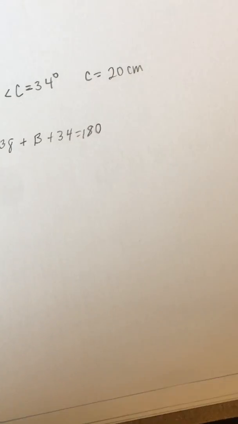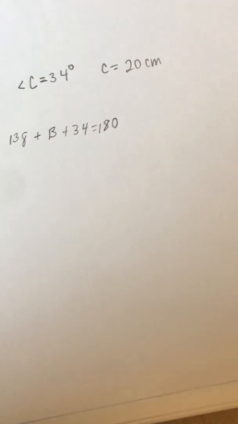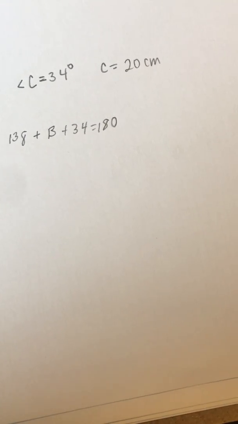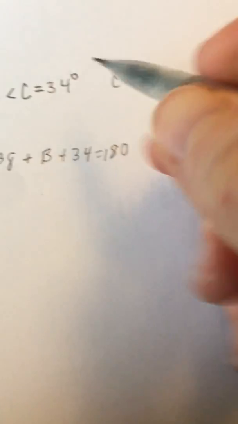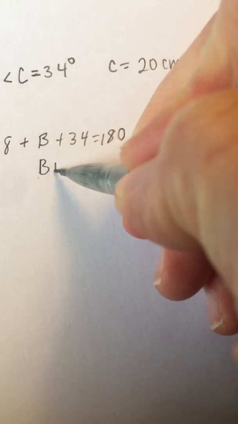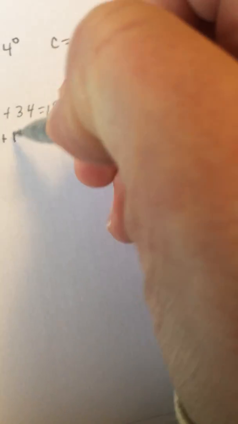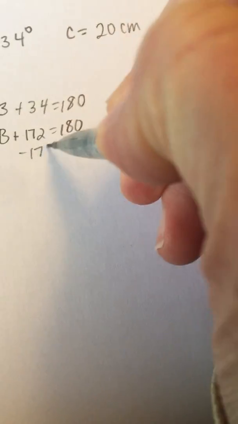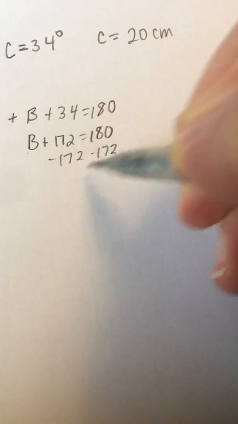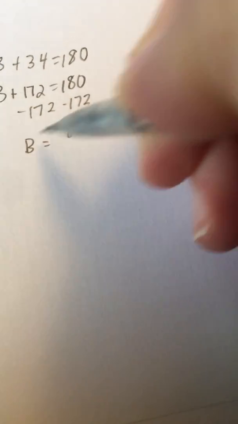So 138 and 34 is 172. 180 minus 172 is 8. I get angle B is 8 degrees.